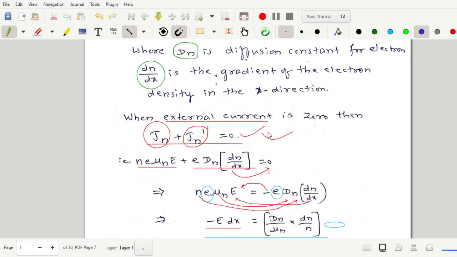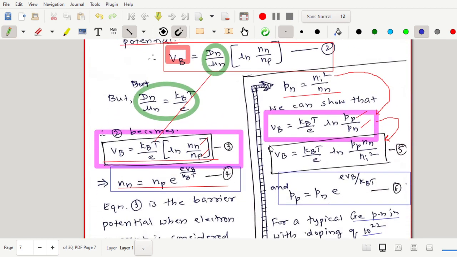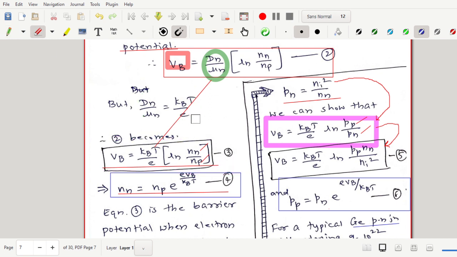Then the mathematical steps follow. So these are the various expressions for the barrier potential.